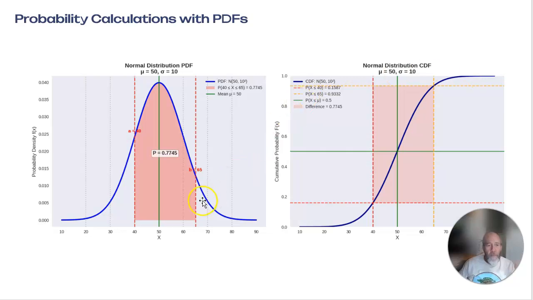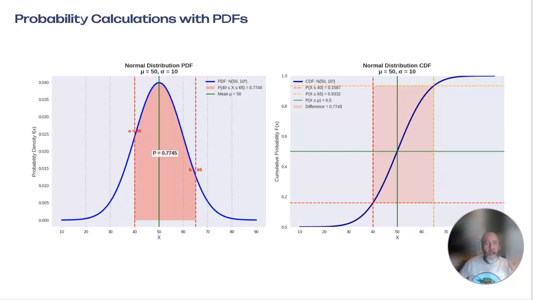In other words, the area underneath this curve is the probability. With the CDF, you get the same value by subtracting the lower from the upper, so it's this one minus this one, which also gives you the probability.